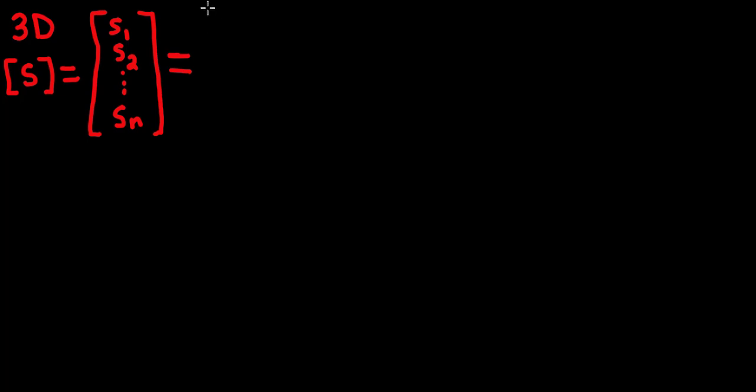So let's say we're solving for functions x and y and z. Then these state variables would represent x and its derivatives all the way down to the i minus 1th derivative of x, and y and its derivatives all the way down to the j minus 1th derivative of y, and finally, also z and its derivatives all the way down to the k minus 1th derivative of z.